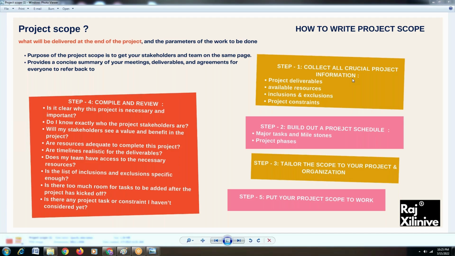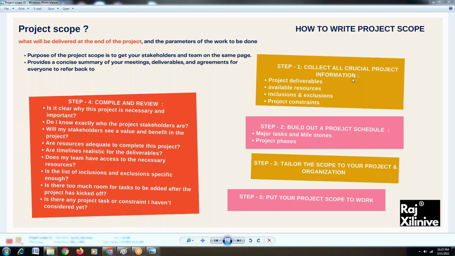So these are the phases of application development, and we must know these project phases. So collecting crucial information by considering the deliverables, available resources and all is important. Second, we must know the project schedule: what are the major tasks to be focused on, what are our milestones, what are the project phases.